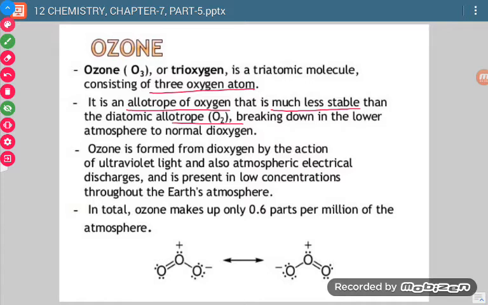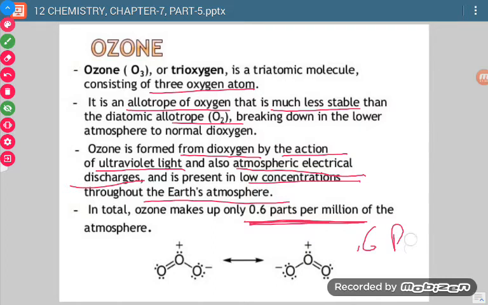It is formed from dioxygen by the action of ultraviolet rays and also atmospheric electrical discharges. It is present in low concentration throughout the Earth's atmosphere, about 0.6 parts per million, 0.6 ppm.